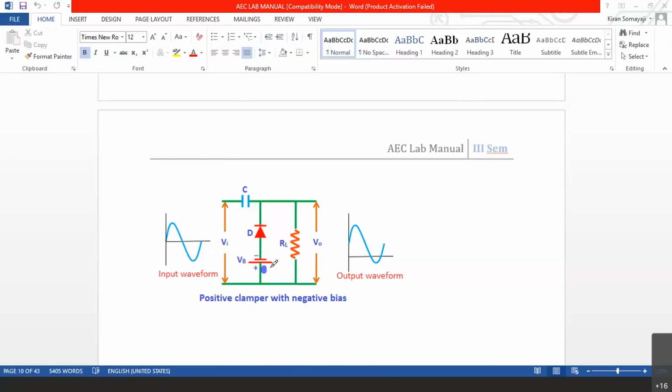Let us say this VB is 2 volts, and let us say this is 10 volts peak to peak. Can any of you tell me when will this diode conduct?